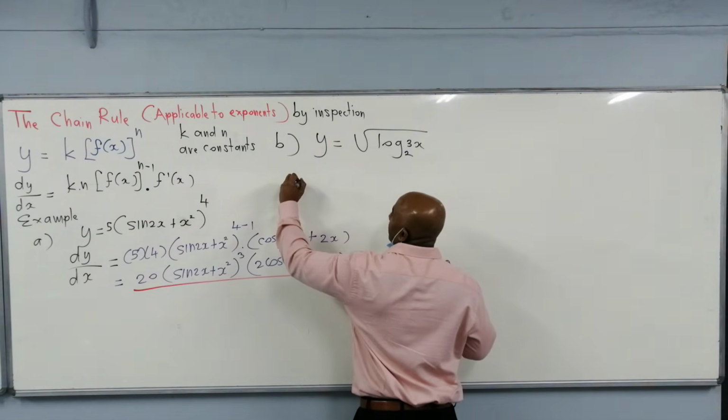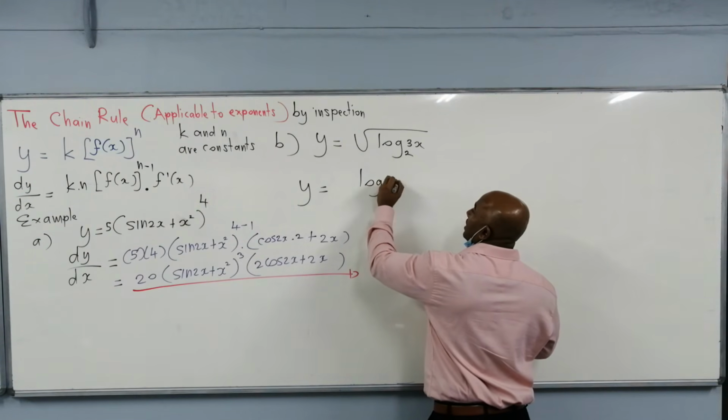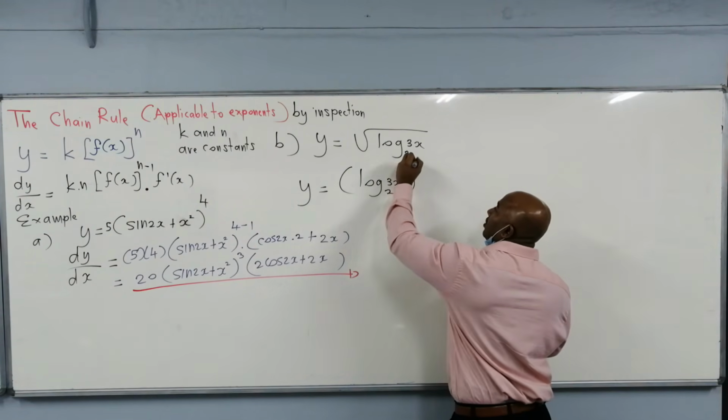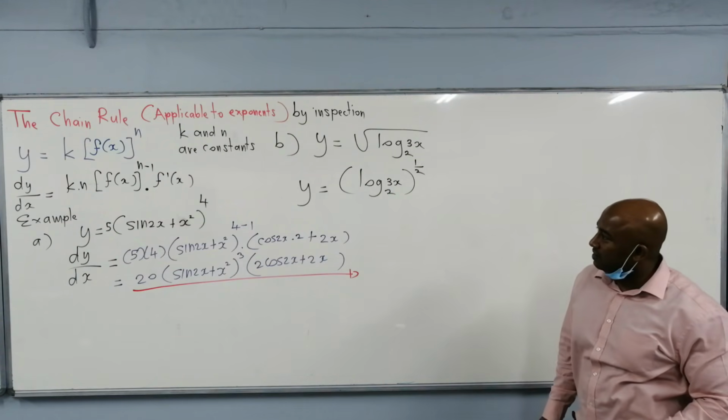So now I've got y is equal to log 3x to the base 2, all raised to the exponent after. Can you all see that?